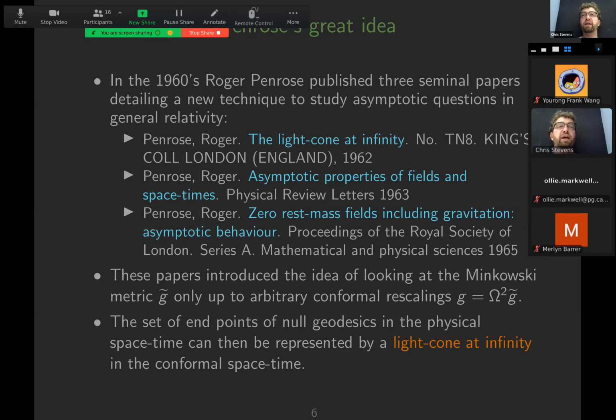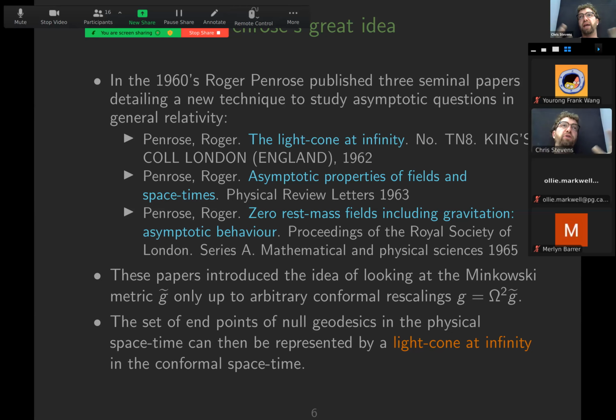Penrose did another thing, which is if you had a manifold that was R4, so it's infinite in all directions, and you did a conformal rescaling. What this is, you take your metric, you multiply it by some positive function squared, you get a new one. The idea here is that you're multiplying the metric with the function out the front, so you're uniformly scaling all directions.